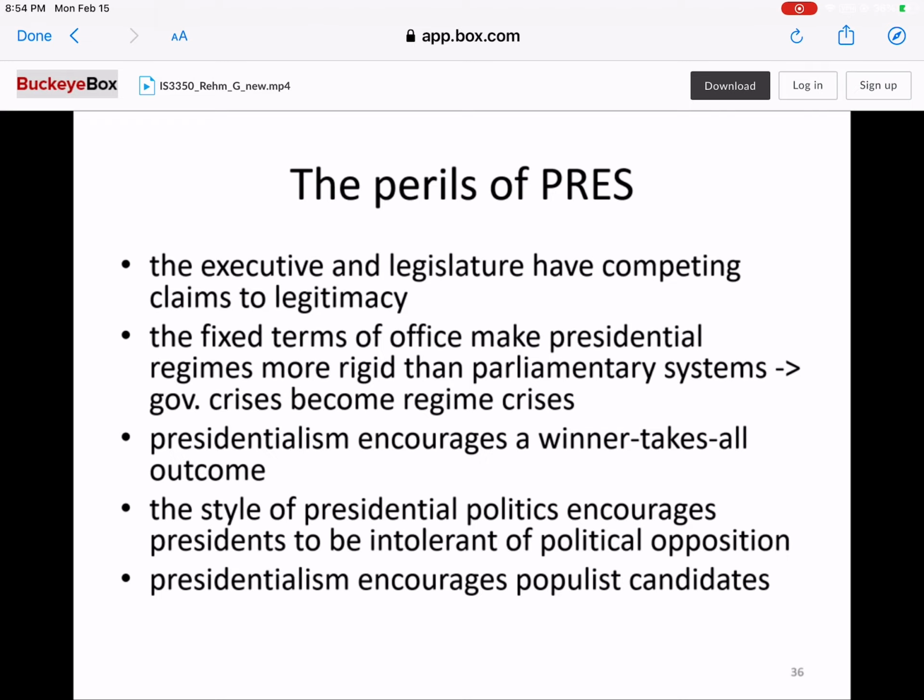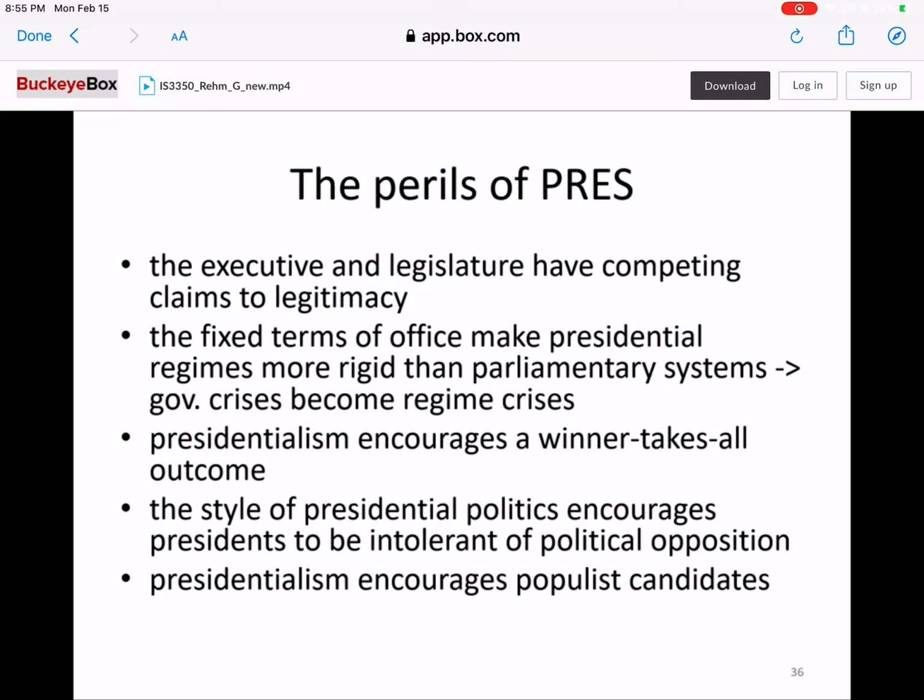Secondly, many governments, for one reason or another, at some point experience some sort of crisis. There might be clashing leadership styles, there might be factions within parties and things like this. And in parliamentary systems, it's possible to resolve these crises simply by calling for a new election or by electing a new executive.